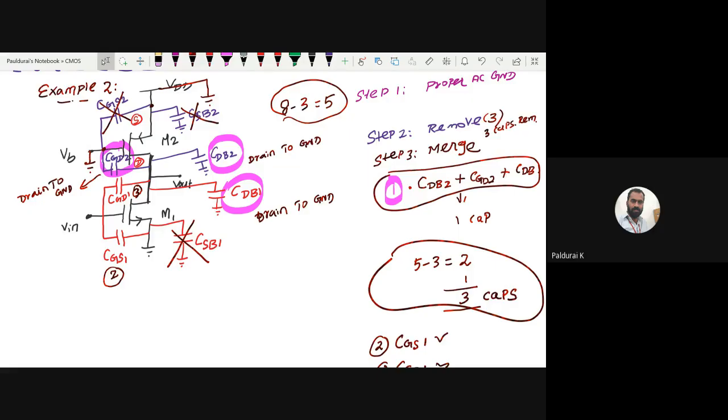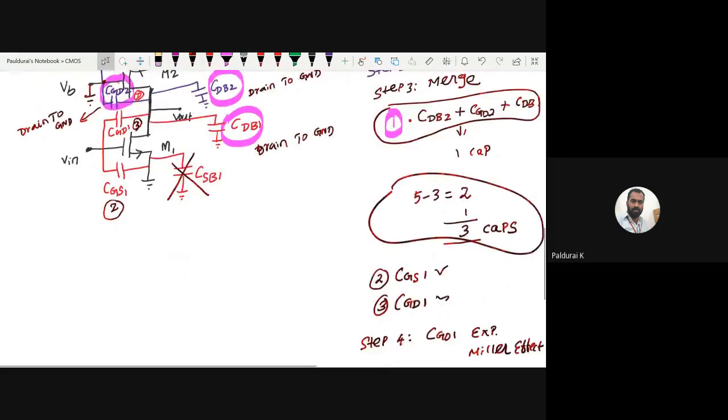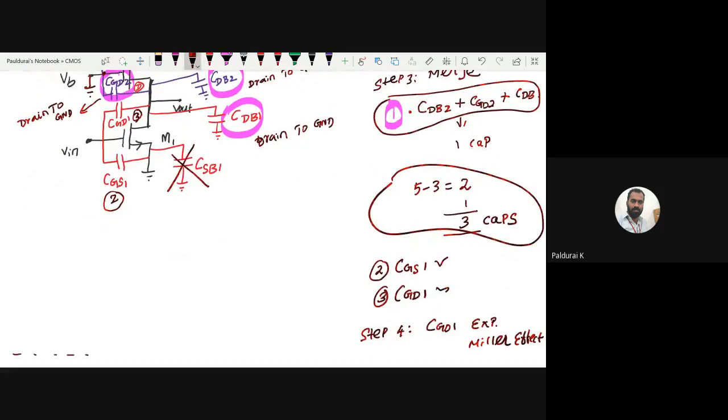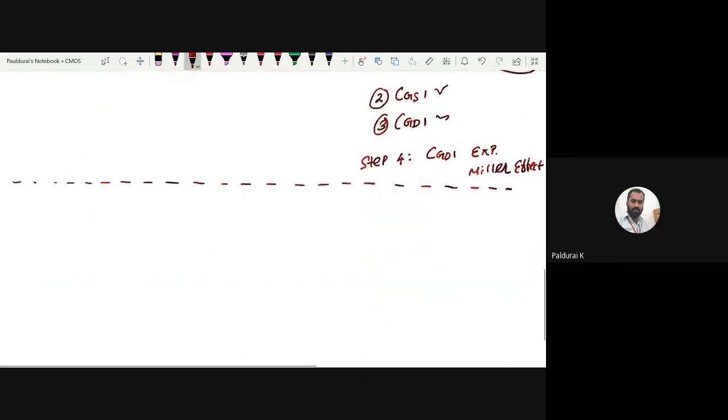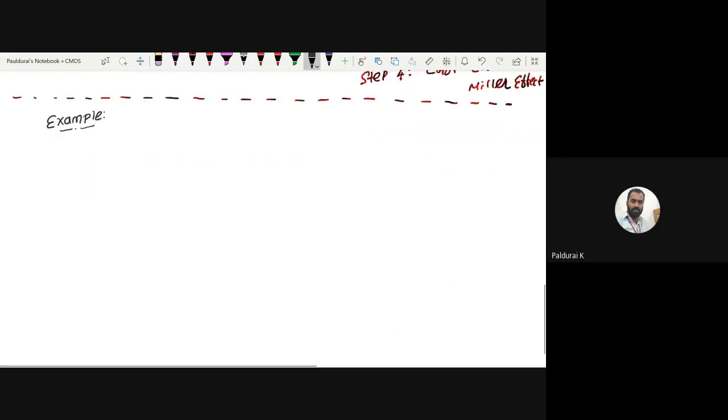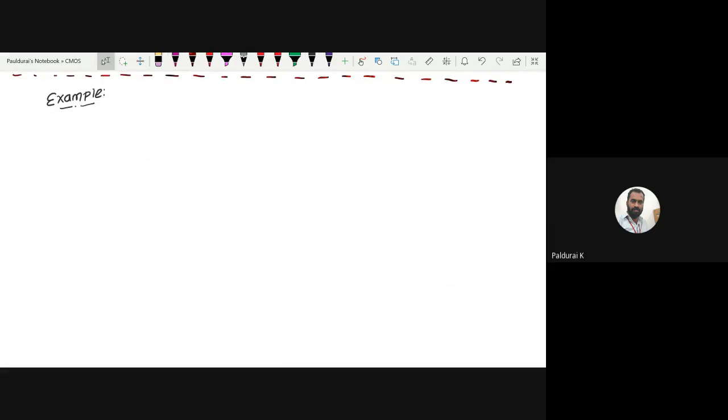After that, who will experience Miller effect. So this is the flow. Now please do this example by yourself and let me know how many capacitors are there, which ones can be removed, and which ones can be merged.